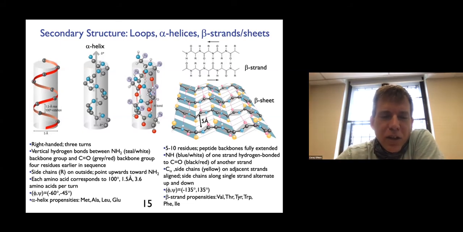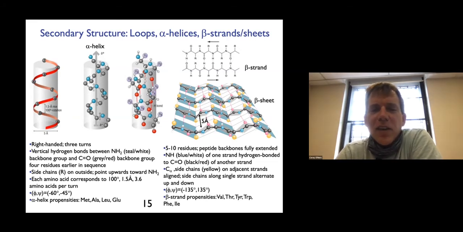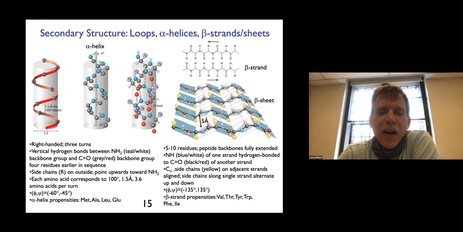Another thing to note is the propensities that I list at the bottom. You can do a data mining exercise, going in and looking for alpha helices in experimentally determined structures. People have found that methionine, alanine, and leucine tend to occur in alpha helices in experimentally determined proteins.